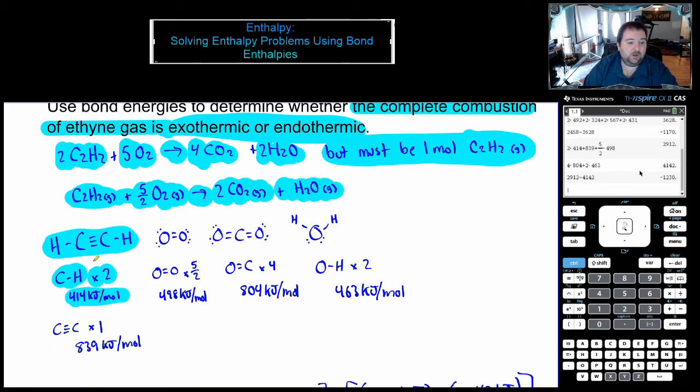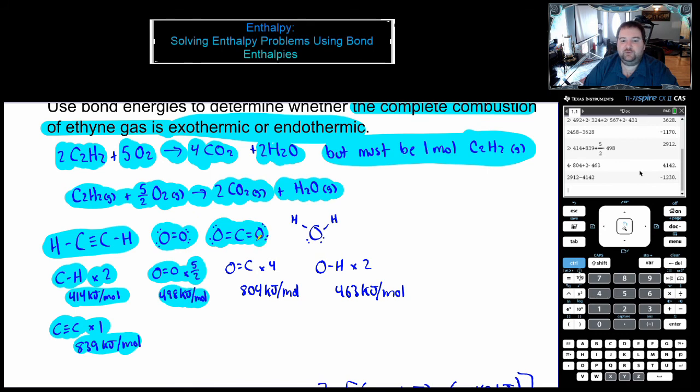And of course, there's 1 triple carbon bond with a dissociation energy of 839 kilojoules per mole. Now we have an O2. So here's the drawing of O2. And of course, there's 1 double bond per, and we have 5 over 2 of them. And so we have 5 over 2 oxygen double bonds, each with 498 kilojoules per mole.